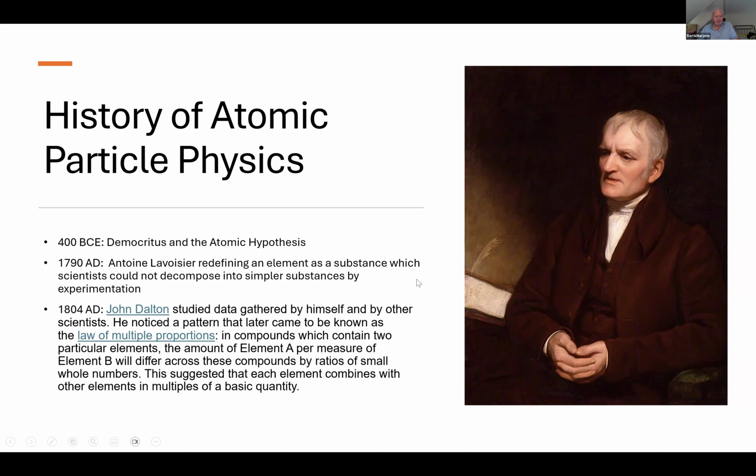And so John Dalton thereafter studied data that he'd gathered, and he noticed a pattern. In compounds, for example, which contain two particular elements, the amount of element A and the amount of element B always seem to differ by ratios of small whole numbers. An example of this is water, which we now know is made up of, we have a chemical formula for it, H2O. So we have two hydrogen atoms and one oxygen atom, and therefore the ratio is two hydrogens for every oxygen.